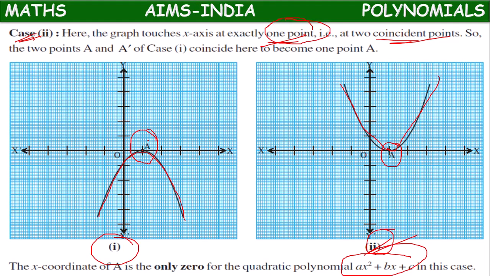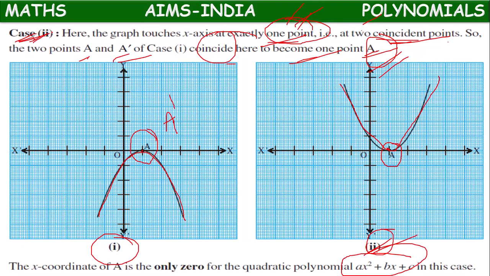Two coincident points look like one point only, or we can call that one point as two coincident points. The two points A and A dash coincide with one another to become one point, A. At the A point only, we also have A dash; both of them are coinciding with one another.